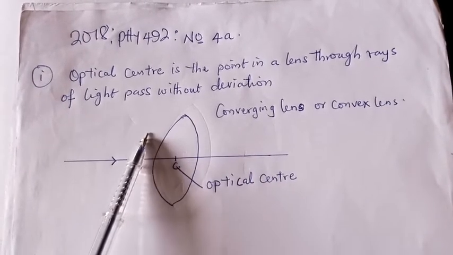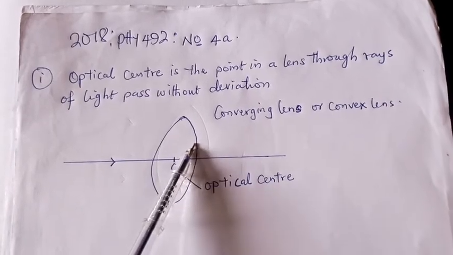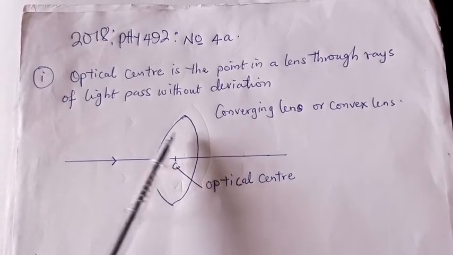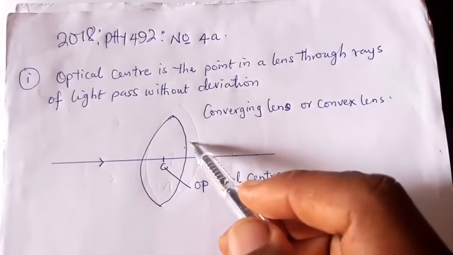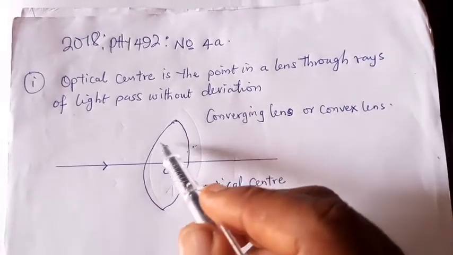So remember that the concept through which this was driven is refraction. Refraction has to do with the bending or deviation of light as it enters from one medium to the other. This medium is air, while this medium inside is glass. Imagine that there's a glass inside here.